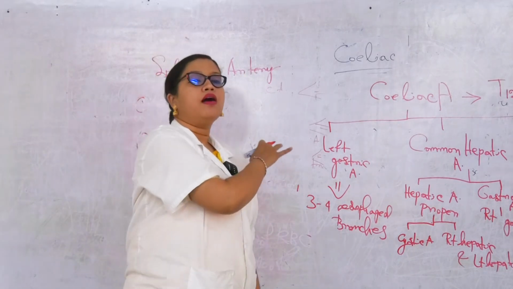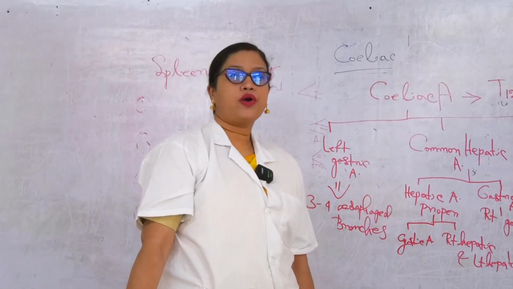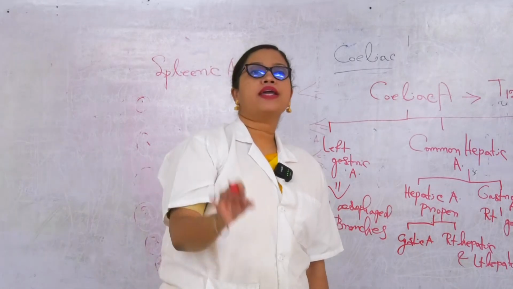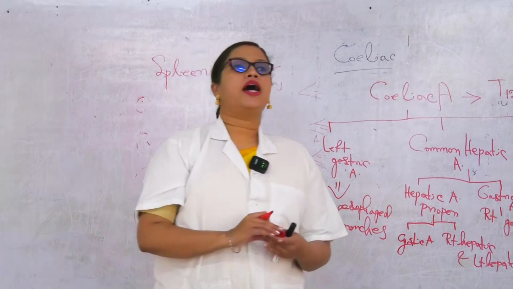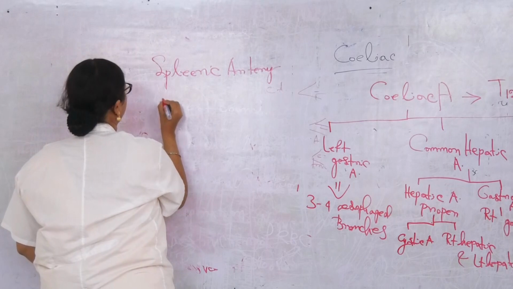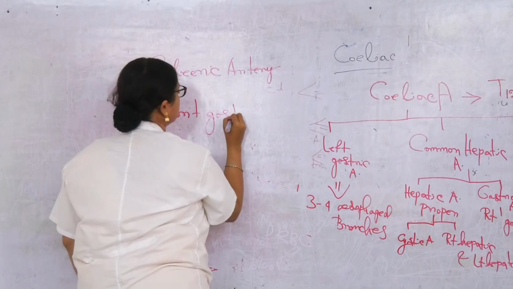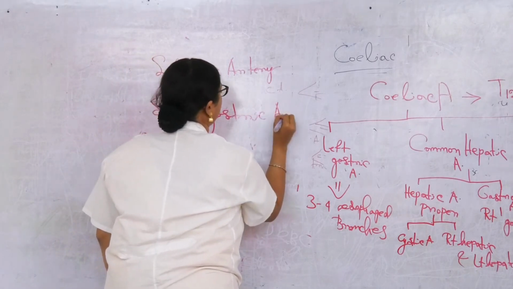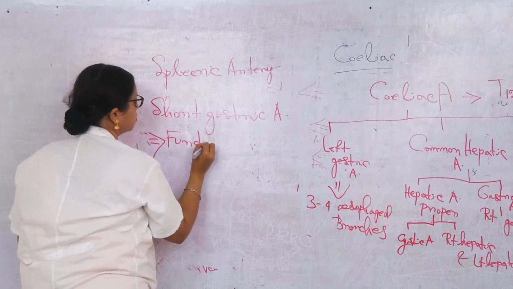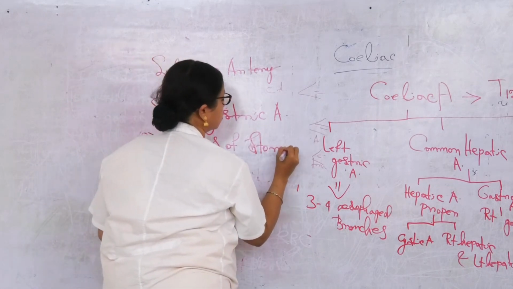Okay, so tell me another 2 arteries. Which are the 2 arteries? We have one, the short gastric, and another, the left gastroepiploic. So about the short gastric, write it down: short gastric artery. Number 1 is the short gastric artery. Where will it supply? It will supply the fundus of the stomach.